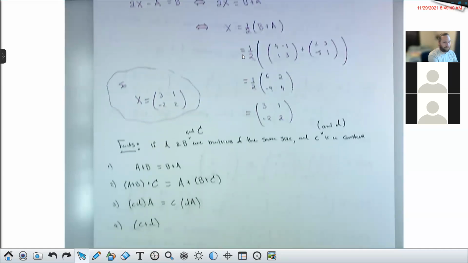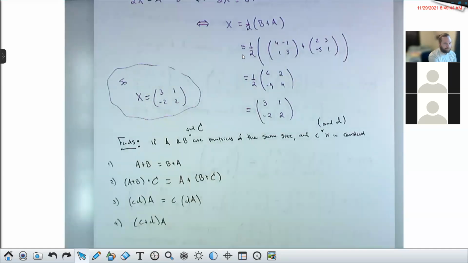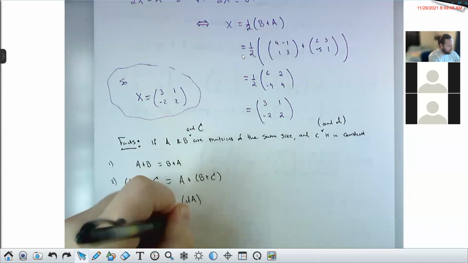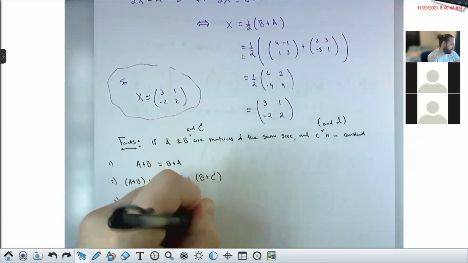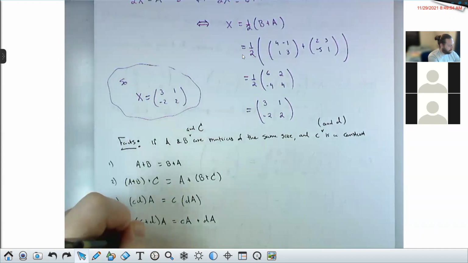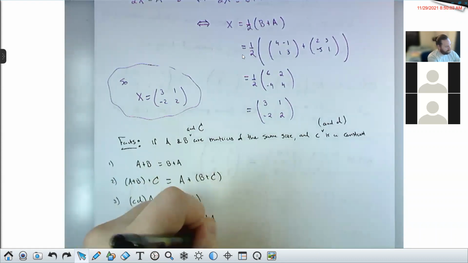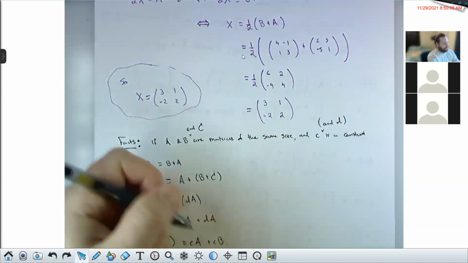If you want to multiply the matrix A by the constant little c plus little d, that's the same as little c times A plus little d times A. And also, if you want to multiply little c, the constant, times the matrix A plus B, this distributes as well. This is little c times A plus little c times B.